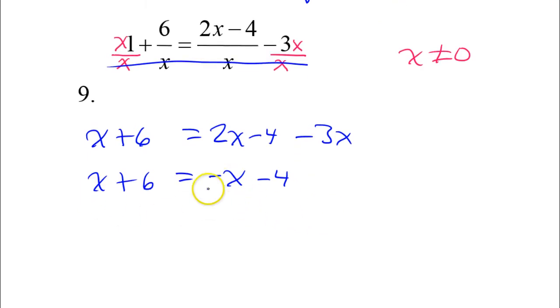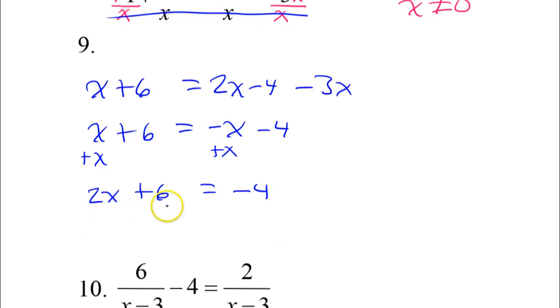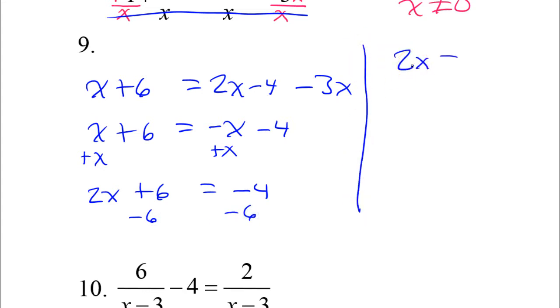So I want to get these x's together, so I'm going to add x to both sides. That's going to make 2x plus 6 equals negative 4. So I only see one type of x here, so I'm just going to get x by itself. I'm going to subtract 6 from both sides. That's going to give me 2x is equal to negative 10.